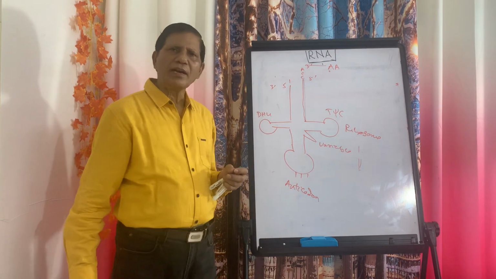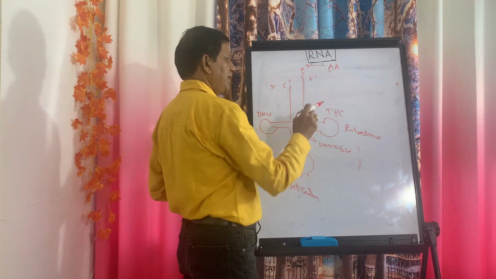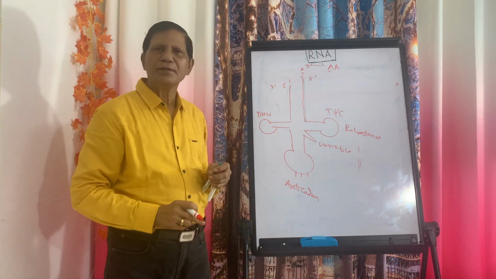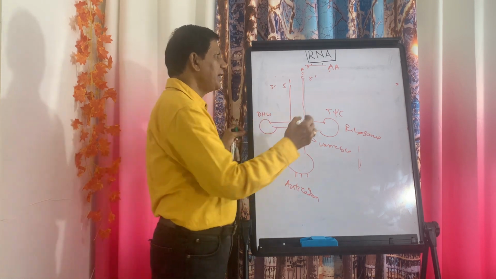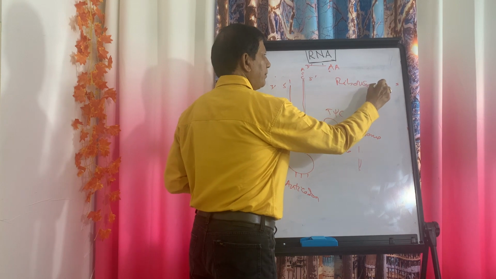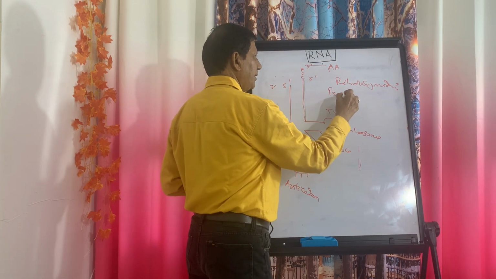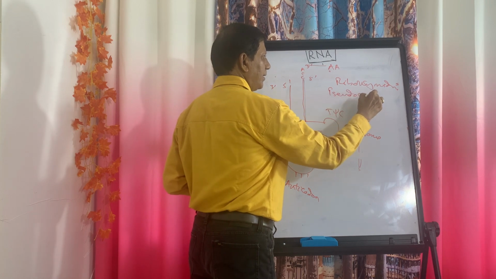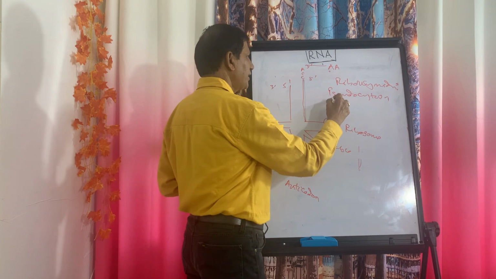Now, mark another very important thing. Here in T psi C, T means thymidine, but thymidine is not present in RNA, so this is ribothymidine. This cytosine is pseudouridine. This DHU is dihydrouridine.